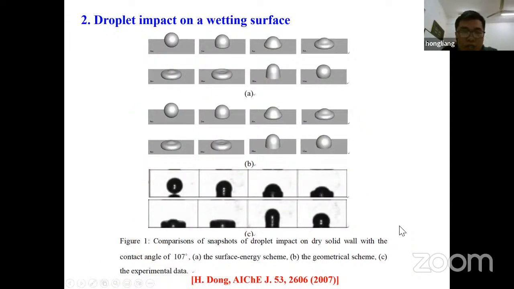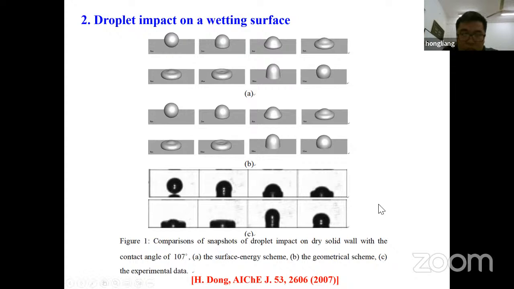The second test is the drop impact on a wetting surface. We can also compare the results with the experiment by Dong. Figure A is the result of the surface energy scheme, figure B is the result of the geometric scheme, and figure C is the experimental data. For this case the contact angle is not large and also not small.